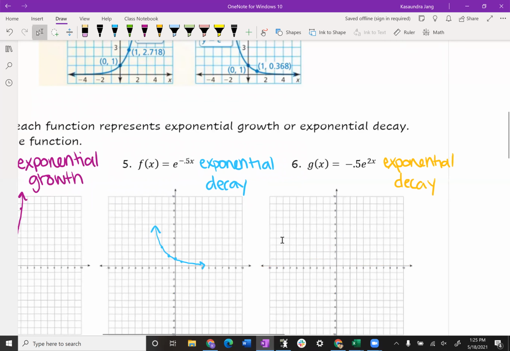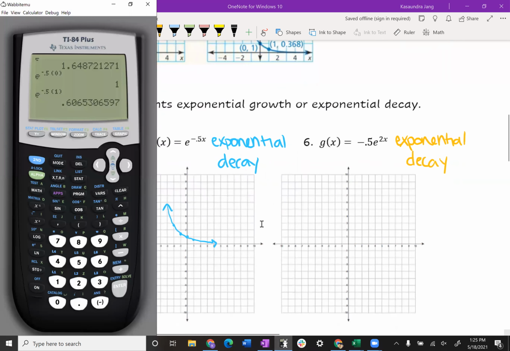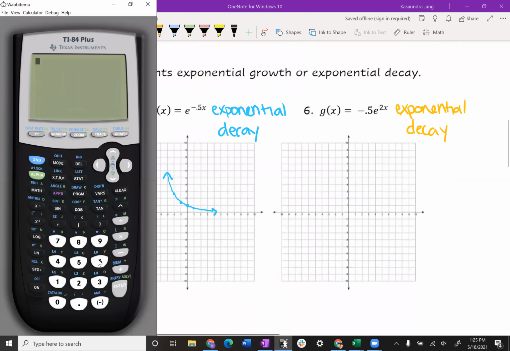All right, let's plot some points. So let's see, I've got a negative 0.5 e to the 2x. So let's plug in some numbers for our x. Maybe I'll plug in like a negative number. All right. So, oh, it is in the negative section here. It's almost negative 0.1, teeny tiny, like almost 0.